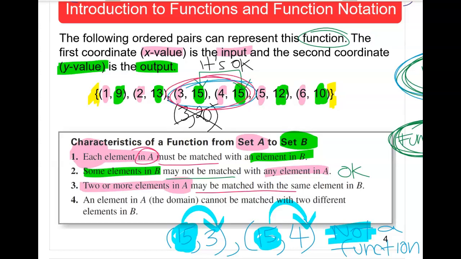We have 2 different elements of set A being matched to the same element in B, which in this case is the 15. And that's still okay, meaning that the elements in B, they can repeat.